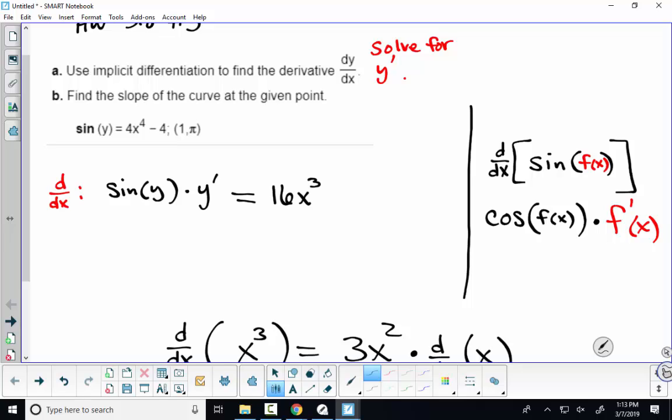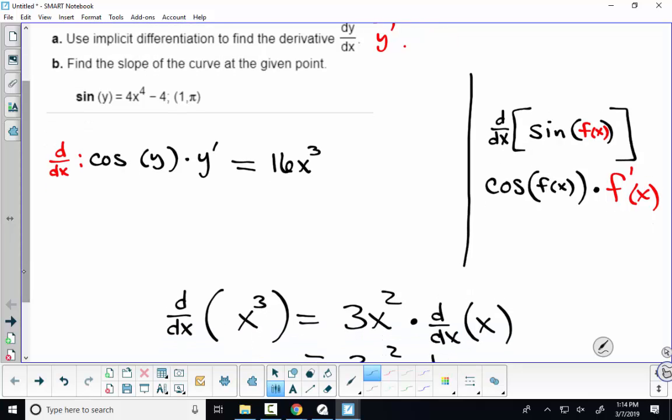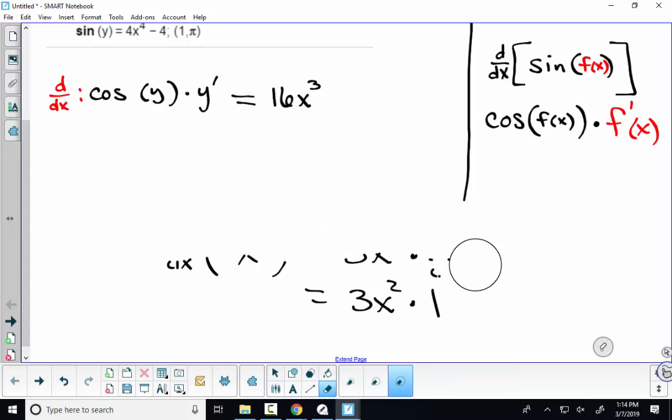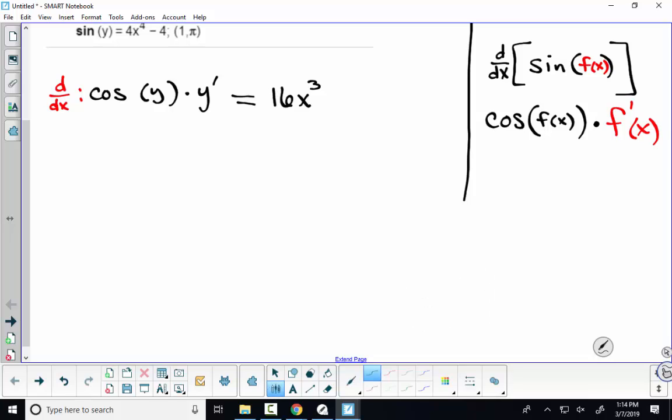Sorry, yes, cosine. The derivative of x cubed is 3x squared times x prime. So we take the derivative of the outside. Questions on that?